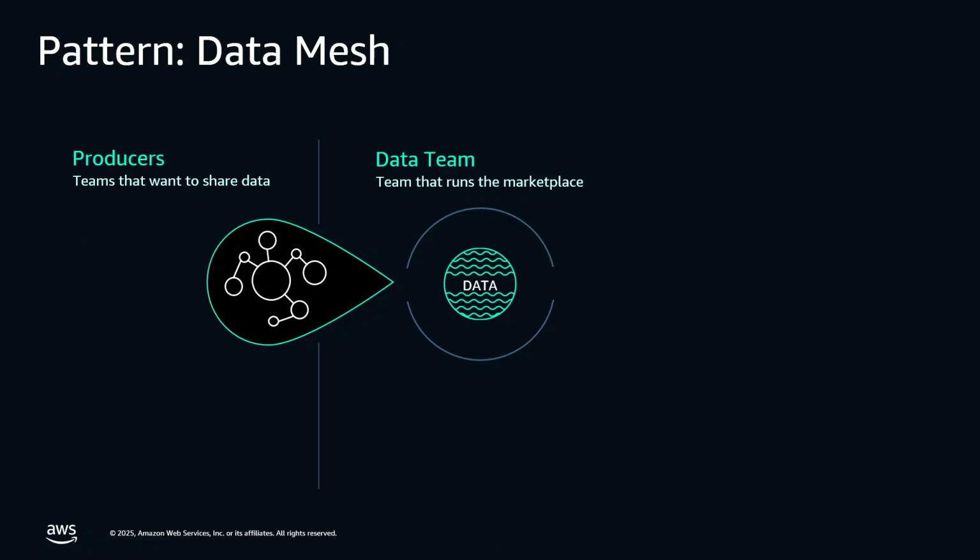So if an insurance company wants to create a data mesh, think of data producers as one of the teams responsible for the management of the customer data, the policies, the claims. They're creating a lot of data about the customers and the insurance policies.